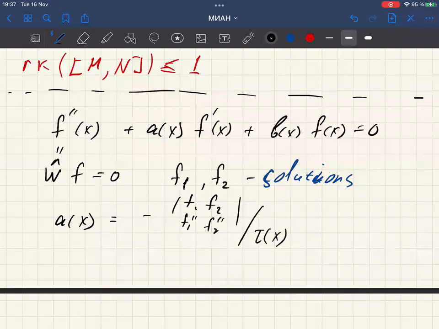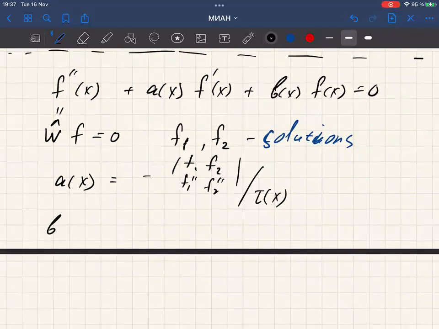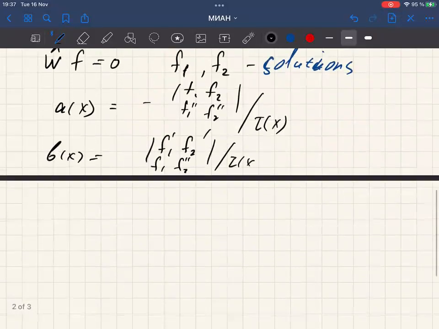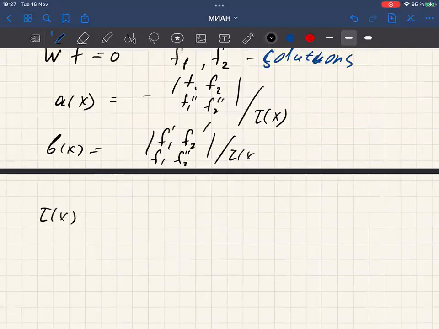Let me denote it by tau, and b(x) equals f1, f2, with the tau of x being the determinant of f1, f2, f1 prime, f2 prime.